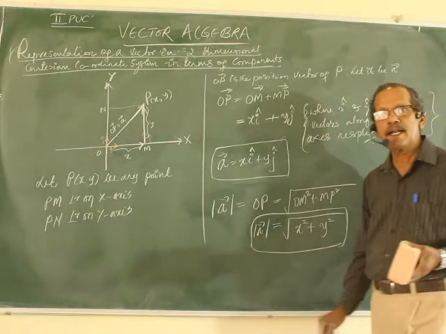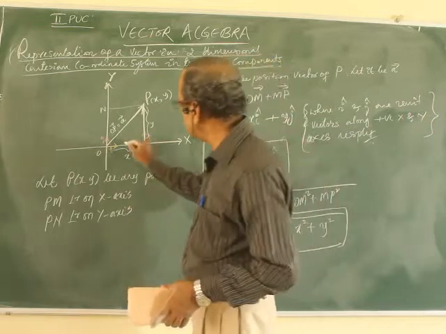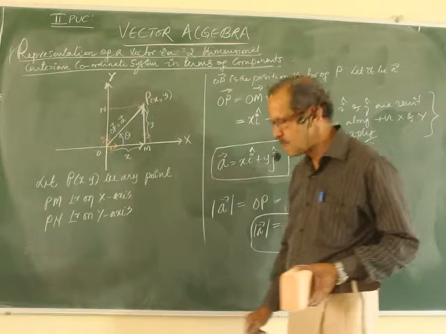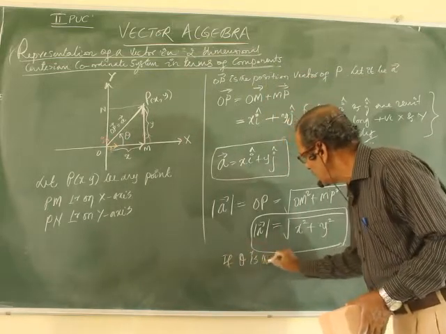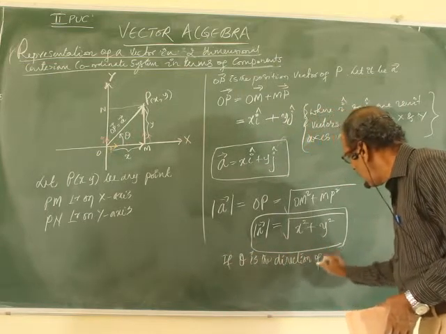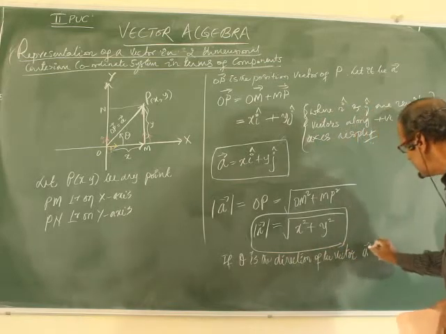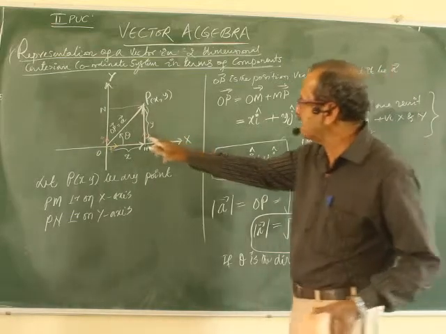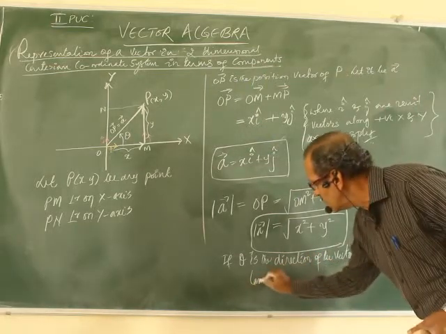Can you give me the direction of the vector? That can also be done. Direction means what? Angle, no? So, let me take this angle as theta. If theta is the direction of the vector A, then tan theta equal to opposite side by adjacent side.